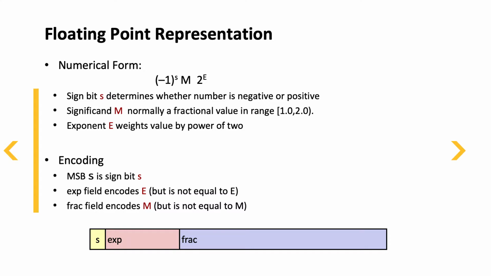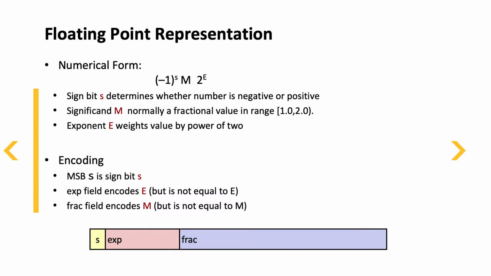So EXP encodes the exponent, but it's not actually equal to the exponent, and we'll see why that is in a little bit. The frac field encodes the significand, but it's not equal to M. I know this seems a little weird and confusing, and you might wonder why we would do it this way. Well, there are very good reasons to do it this way, and you'll see that as we get deeper and deeper into how these all work. But those are the things to keep in mind.